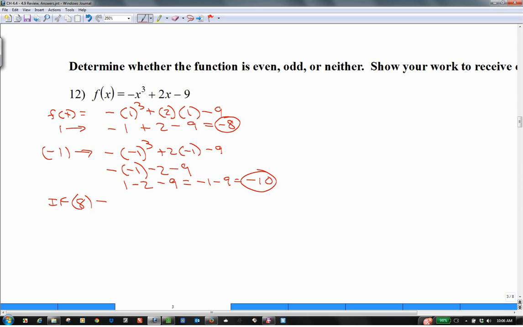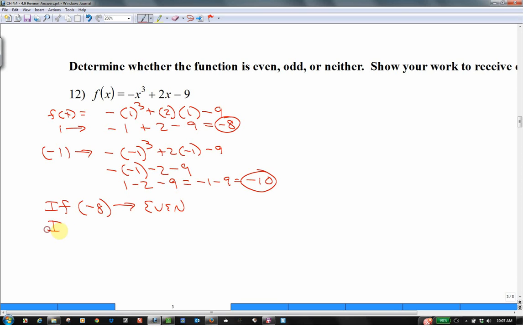it would have been even. Let's go back, sorry. Let's try it again. If I would have gotten out the same number, which is a negative 8, that means when I put in the 1 and the negative 1, since when I put in the regular value of 1, I got a negative 8, if I would have got a negative 8 out also, that would have been an even function because it didn't change the value.